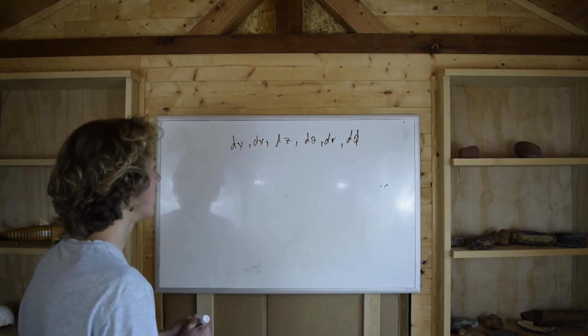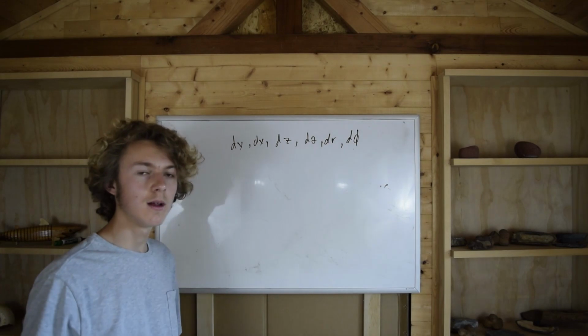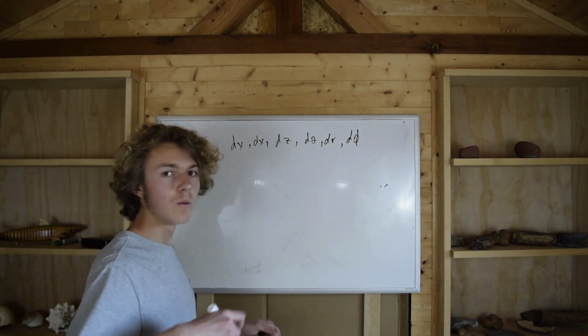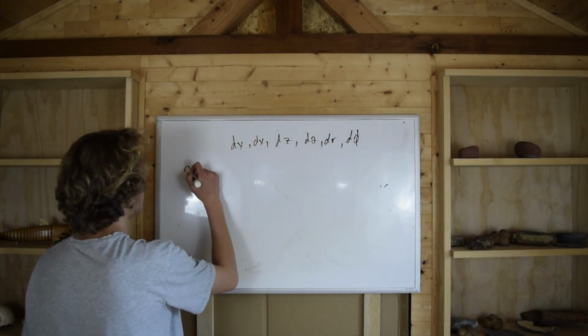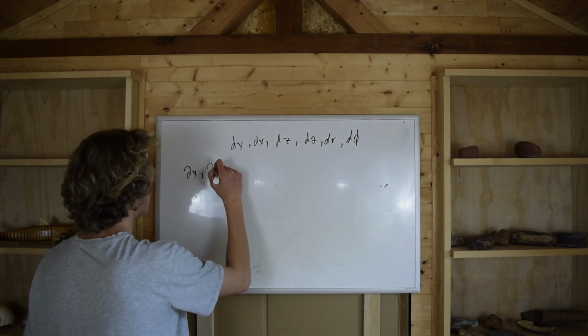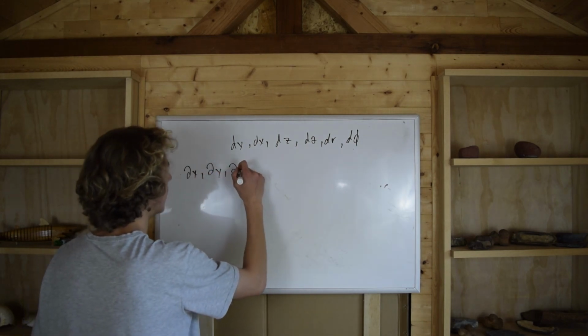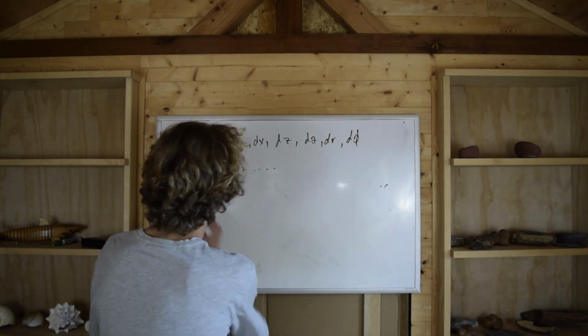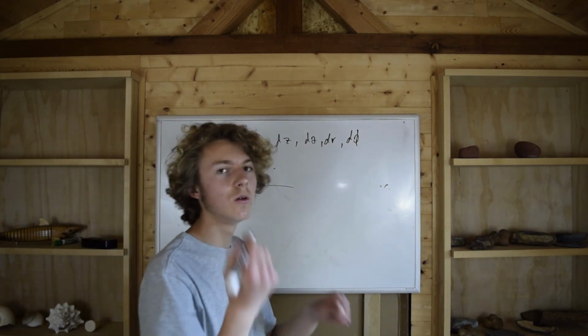Okay, we got all these weird infinitesimals, right? And then all of a sudden, we are introduced to del x or del y or del whatnot. And it keeps going. We can have du, del u, anything.